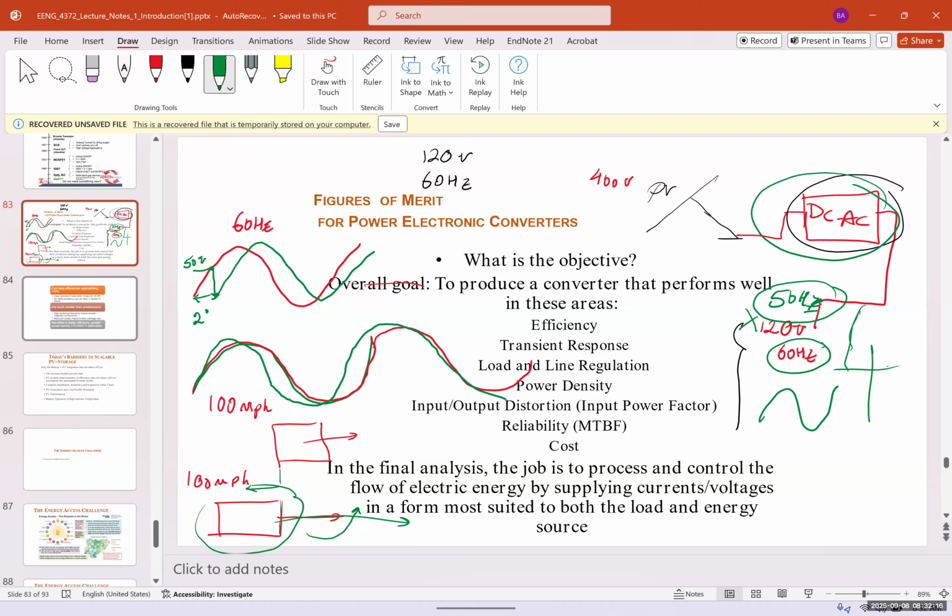Now, in a power electronic system, we don't have any moving parts like a generator. It's completely different. We do that through a control system. We have a feedback system where we get a sample from the grid and give it back to the inverter, which measures the frequency, the voltage, and also the phase, and matches that to the grid.